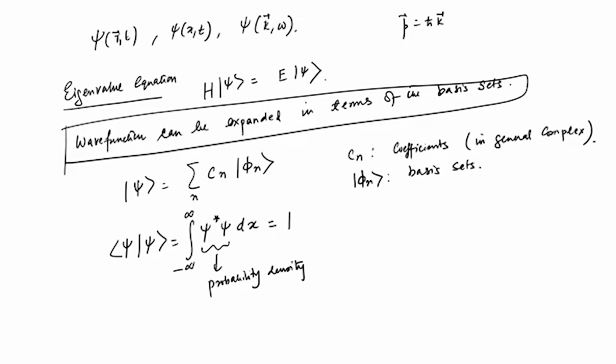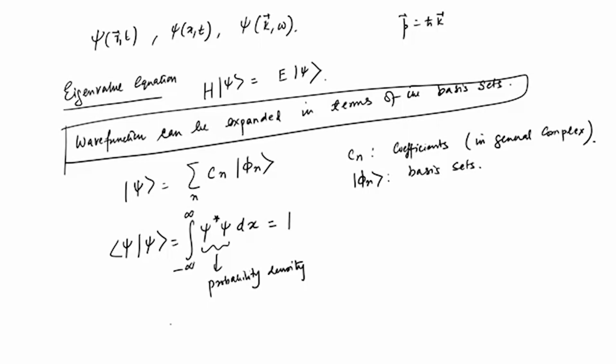We are not writing time here explicitly, but in terms of the linear vector space, or this vector algebra, the inner product of a vector with itself is equal to 1, and that gives us this relation: the inner product of psi with itself, bra psi and ket psi, is equal to 1.